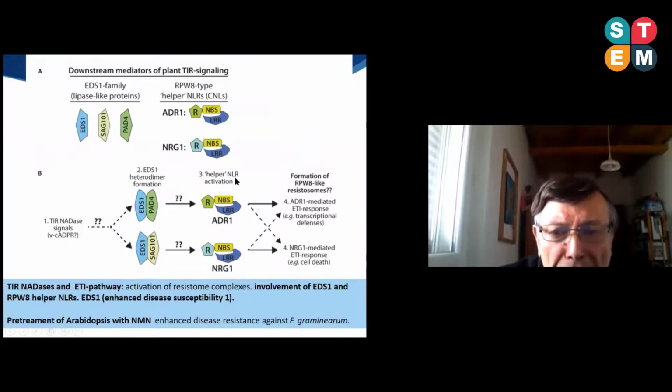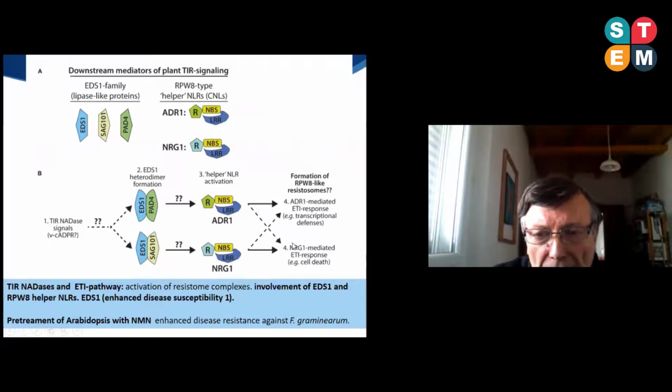So what happens downstream? This activation of cyclic ADP ribose activates two helper resistance genes. One is enhanced disease susceptibility 1, and the other is RPW8. And this involvement produces formation of two types of resistosomes.